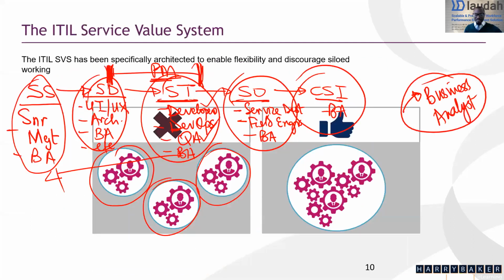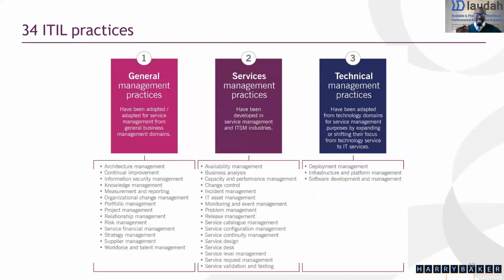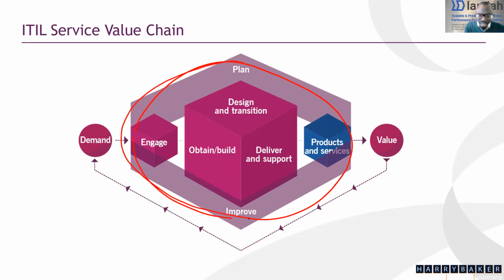And the next thing that we have within the ITIL 4 is the service value chain. And that's where we're going to pitch our tent today. Service value chain. So what exactly is service value chain? You see, that middle itself is what we call the service value chain.